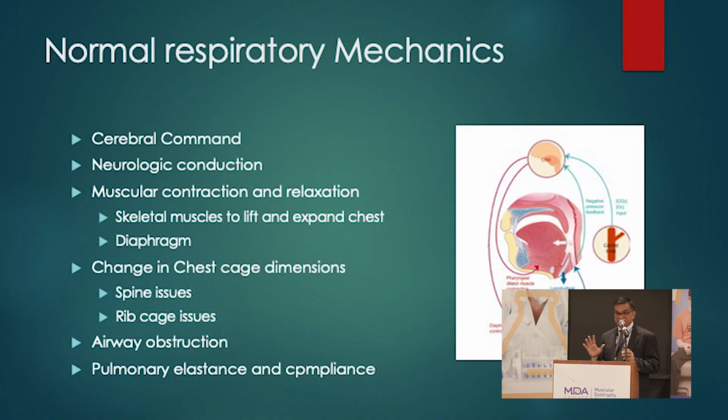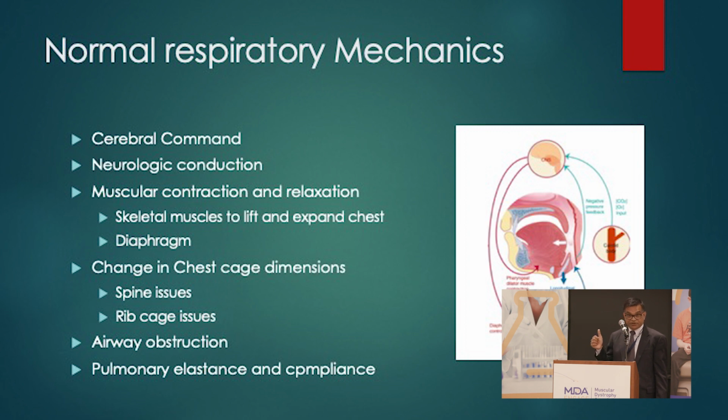So this first slide is the simplest presentation of the 4 important components for effective breathing. You need a command from the centers in the brain, most commonly originating in the lower or the middle part of the brain, and that is transmitted through the neuromuscular route.